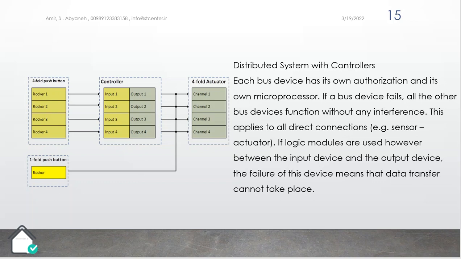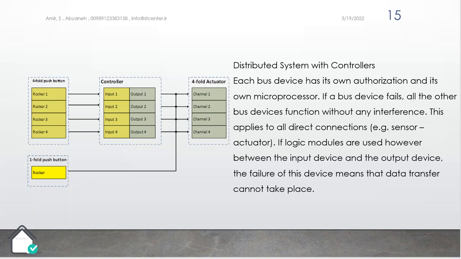Another important thing is the book says if you use a logic module to make the connection or manipulate the data between sensor and actuator, and something happens to that logic module, you lose the whole of your logic. So it is better to use the logic that is embedded into the devices.